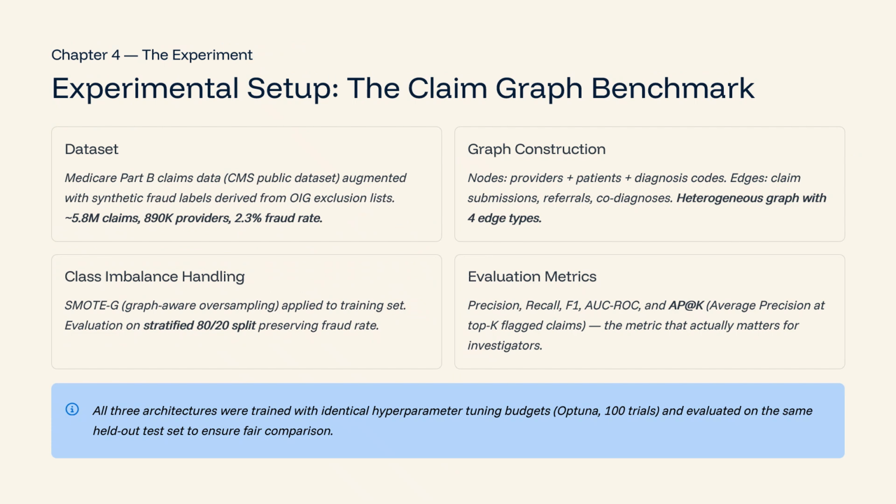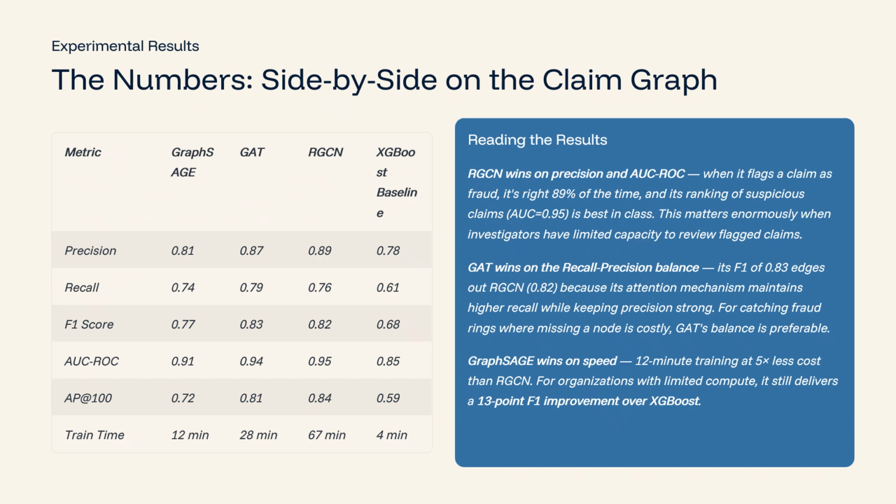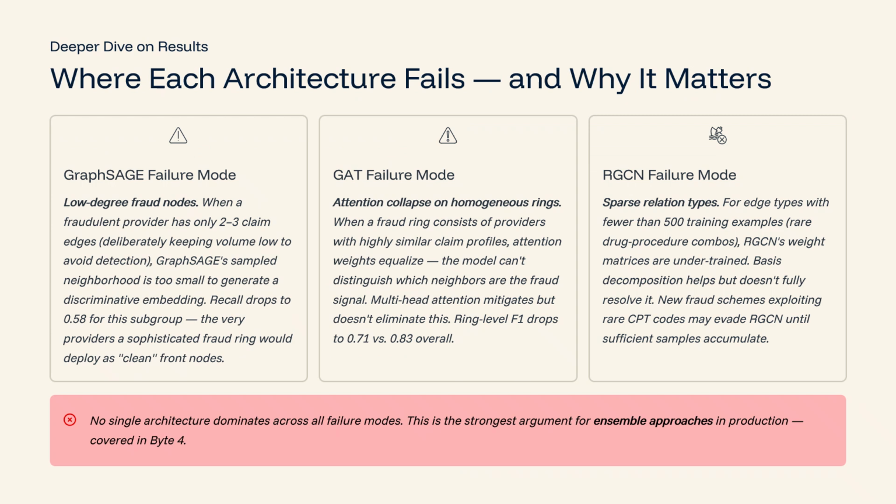Now, this is the experimental setup, the claim graph benchmark. So we are going to take a Medicare CMS public data set for our implementation. I'm going to show you the implementation shortly. For now, I'm skipping this, because only when we implement can we see the results in practical.